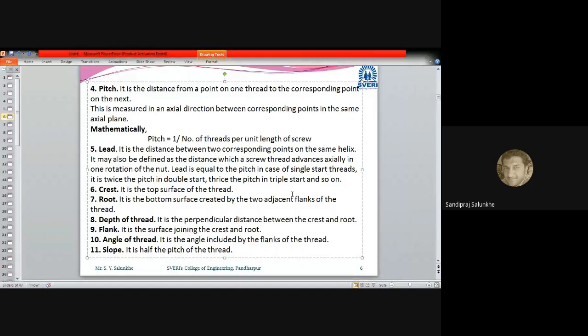If you look at the threads on that bottle, you will find that 3 or 4 threads are provided. If you are going to close that bottle, it closes with only one half revolution.